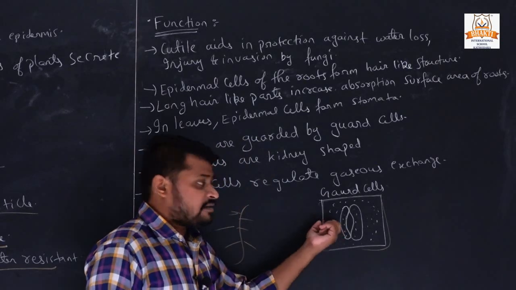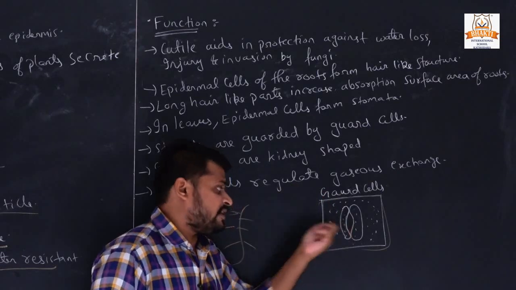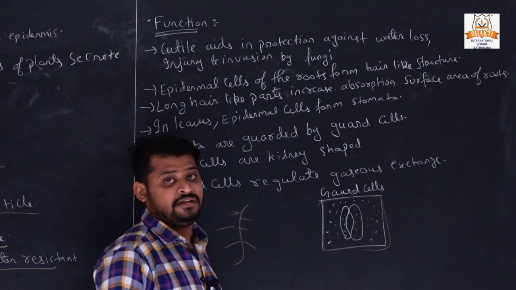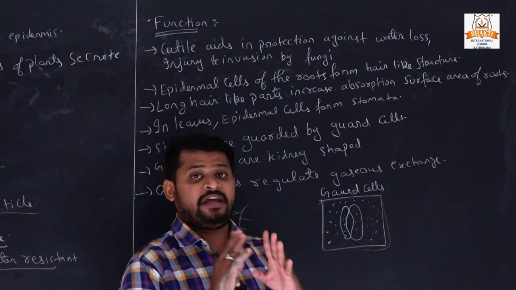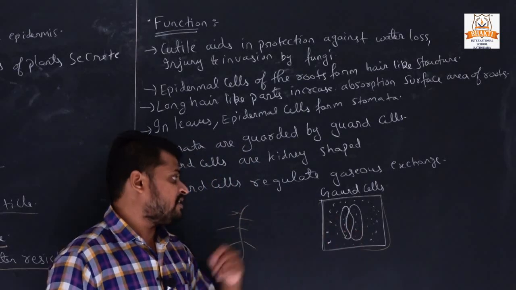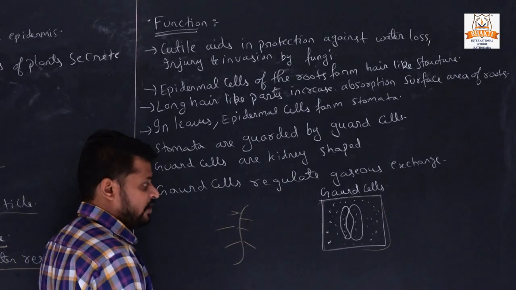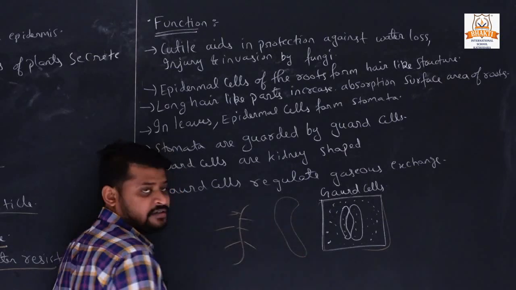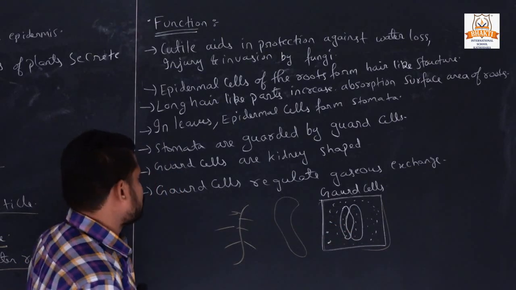But in stomata there are guard cells, a pair of guard cells. They control the gaseous exchange by opening and closing, and the structure of a guard cell is kidney shaped. Our human body has a kidney that is also this shape, right? That's why it is called a kidney shaped structure.